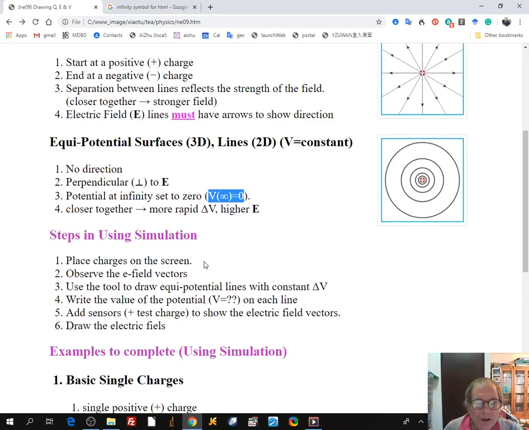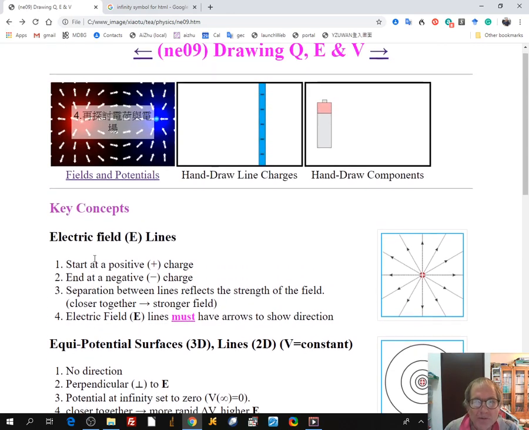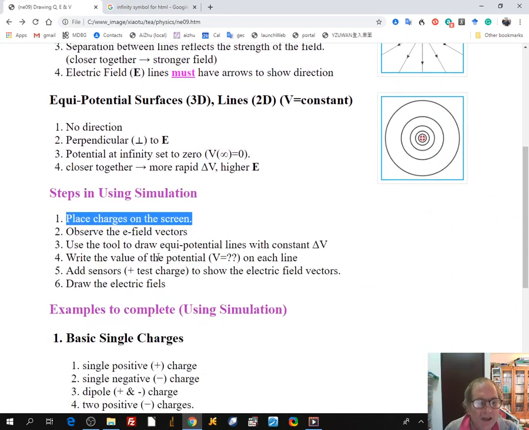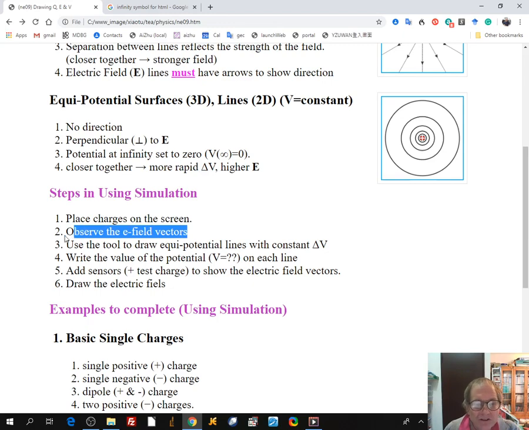So in using the simulation, first of all, place charges on the screen to simulate that sort of charge distribution. For example, for this line charge, you'd put a line of negative charges on the screen. For our battery, we try to simulate this with charges on the screen too. We can then observe the E field vectors.